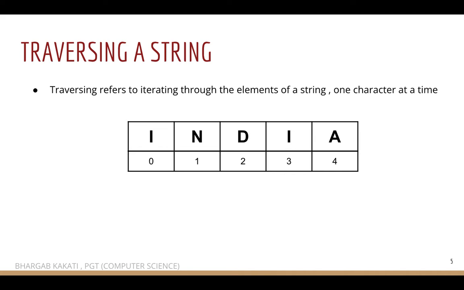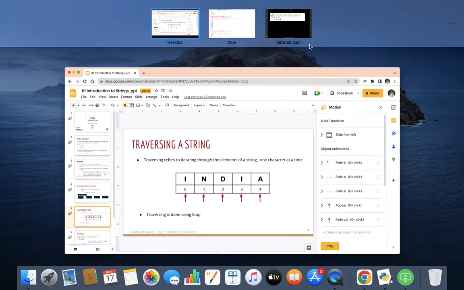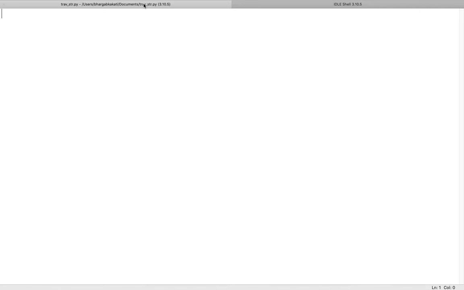Now we will see how to traverse a string using Python. Alright, so let us go and do the programming part of it. Also one more thing, if I want to receive a string from the user, I need to use a function known as the input function. That also I will be showing to you now. So I am going to perform traversing a string. Let us take a variable x and receive the string from the user.